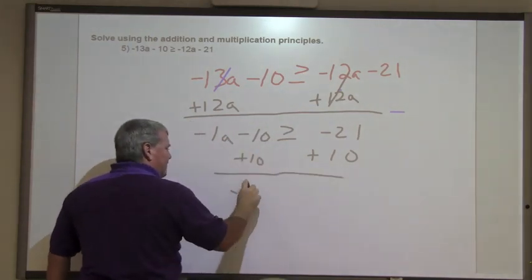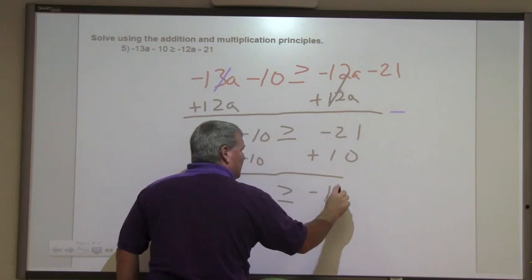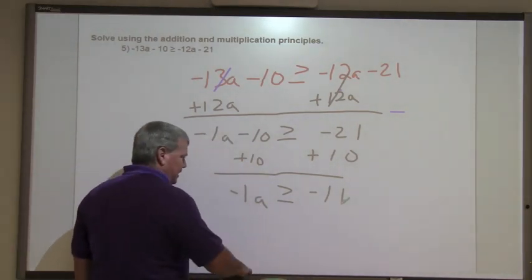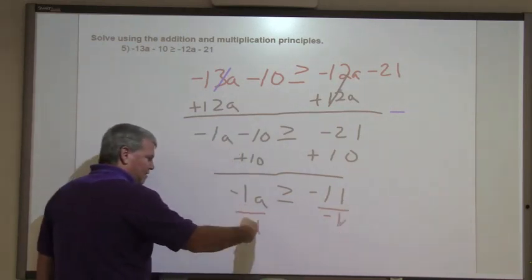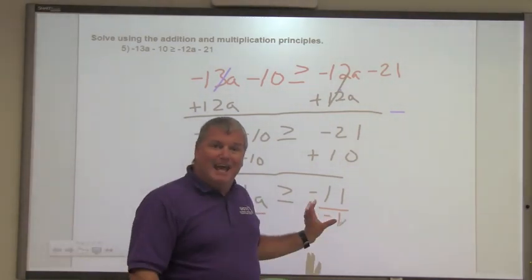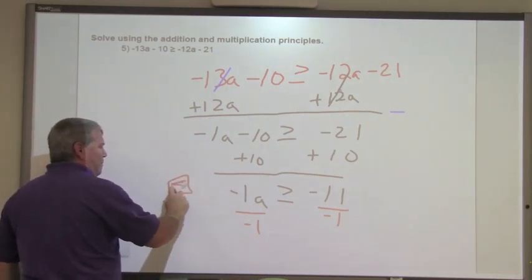The only difference is I have a negative 1a instead of a positive 1a. And here's where the difference comes in. When I divide by a negative 1 to get rid of that 1, because I can't just do like I did a while ago and have just 1a, it's a negative. So I got to divide by a negative. Well, when I do that, a red flag should pop up in your head.